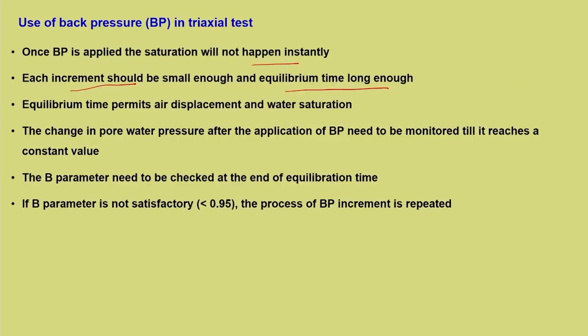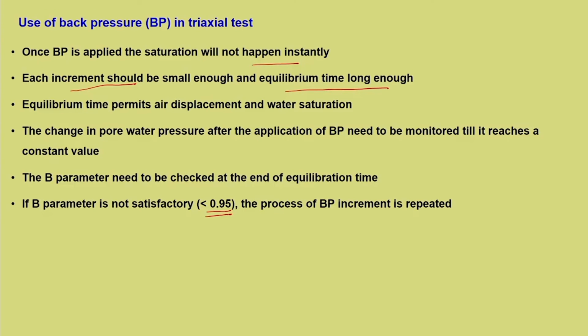So, with back pressure application and cell pressure application simultaneously, we will measure delta U and delta sigma 3, and check the B value. If B value is not satisfactory, as a rule of thumb, it is considered as 0.95. So, anything above 0.95 you can treat it to be saturated, but if it is less than 0.95, it is an indication that the saturation has to be made.